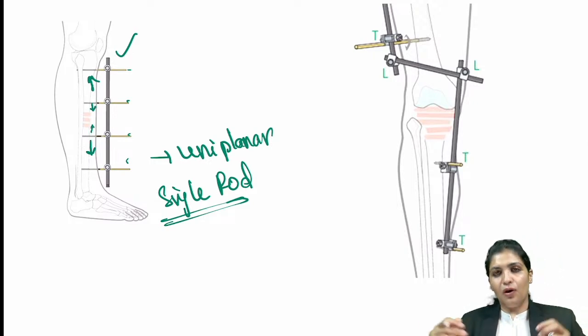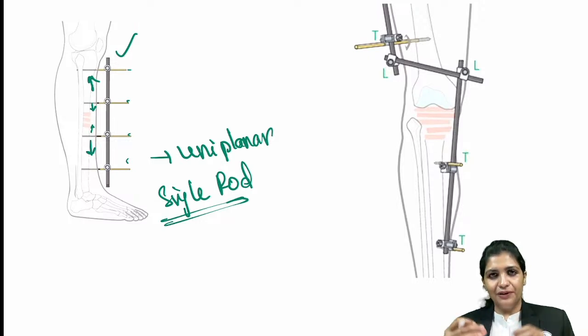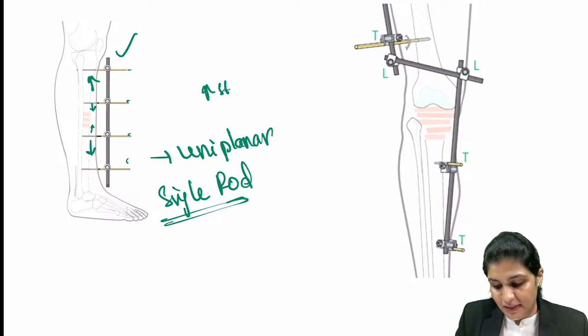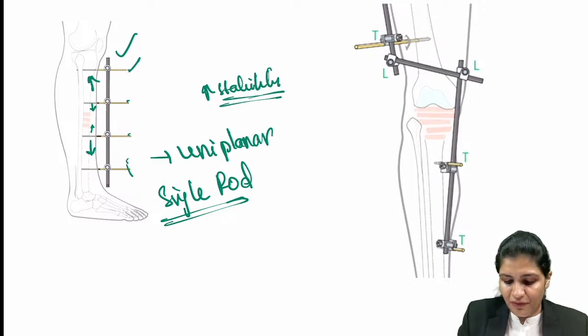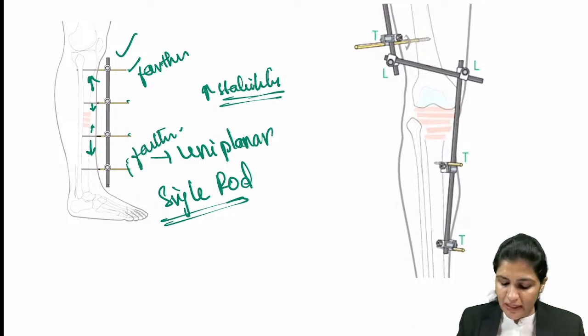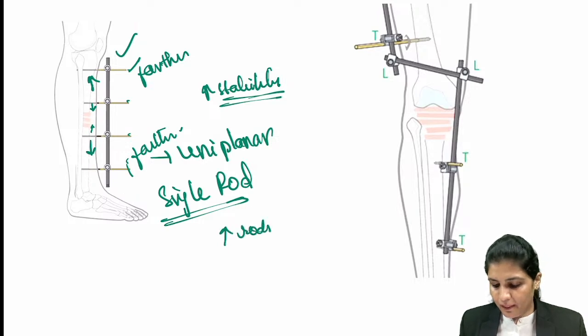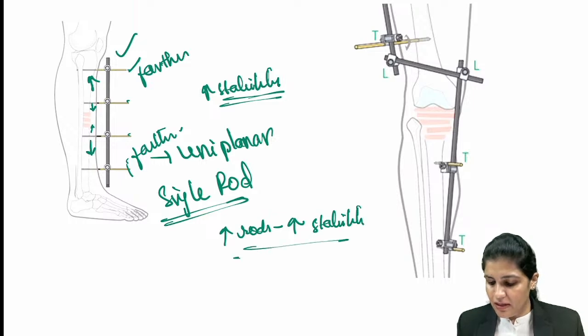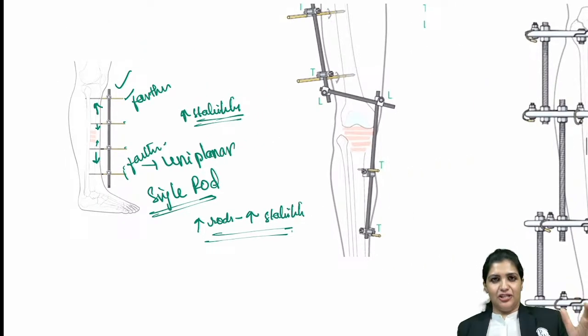How much ever near you can put, that will increase the stability. And the next two should be in a farther position. The farther they are, the more the stability, right? And if you increase the rods, then again there will be an increase in the stability, right? So this is about the fixation of the X fix.